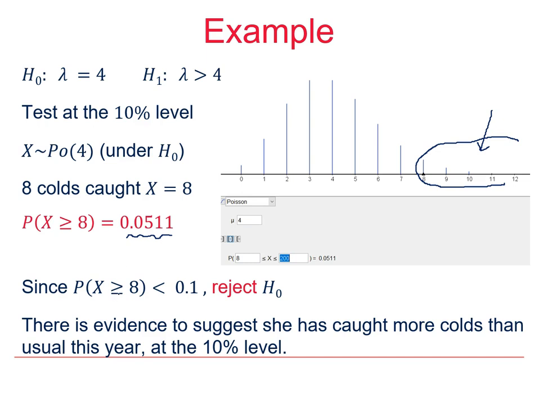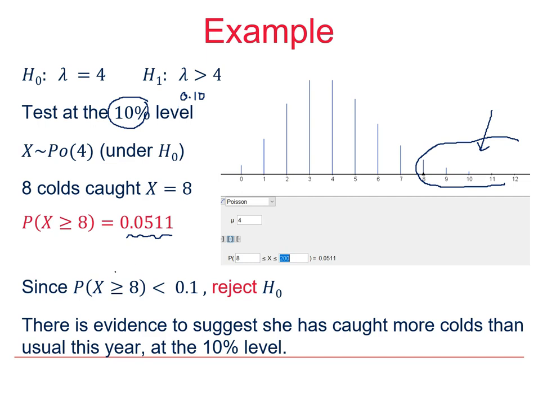And we were testing this time at the 10% level, so we've decided that our cutoff point is 0.1. If the probability of an extreme outcome is 0.1 or less, we're going to reject the null hypothesis as being too unlikely. If it's greater than 0.1, we're going to accept the null hypothesis.